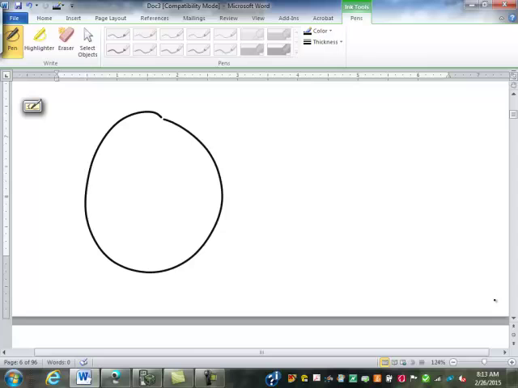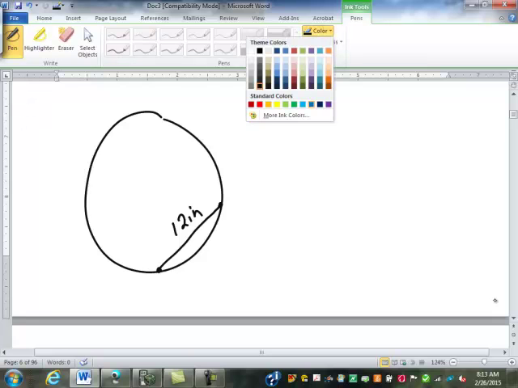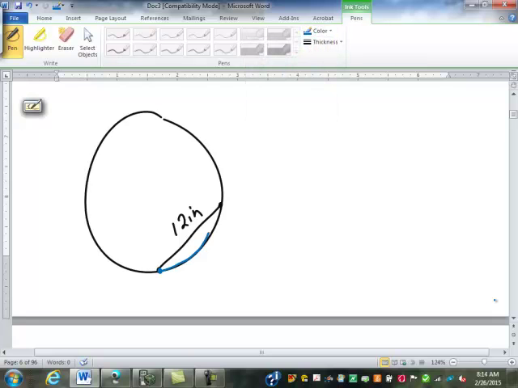Let's see how you're doing on your logical thinking today. So I have a circle here. This chord happens to be 12 inches long, cutting an arc out here between its endpoints. It happens to be 13 inches long.